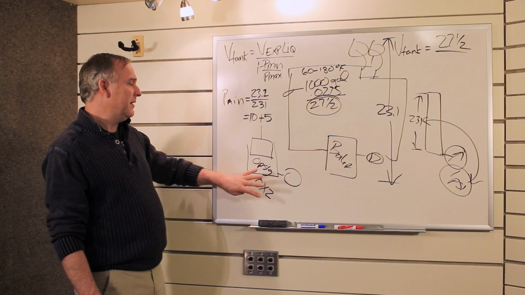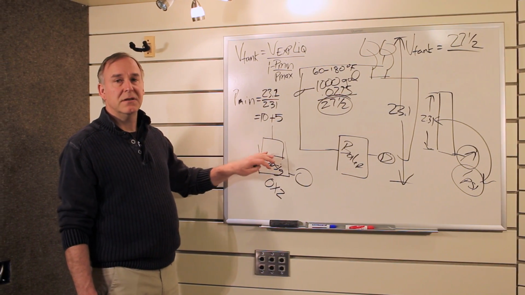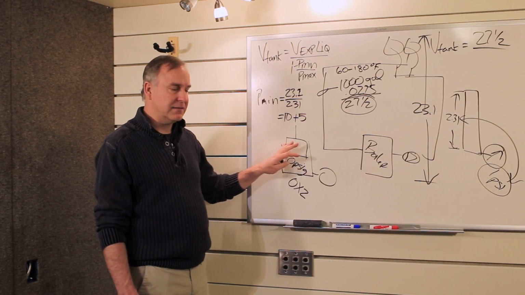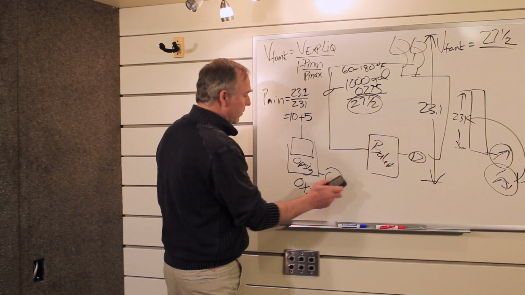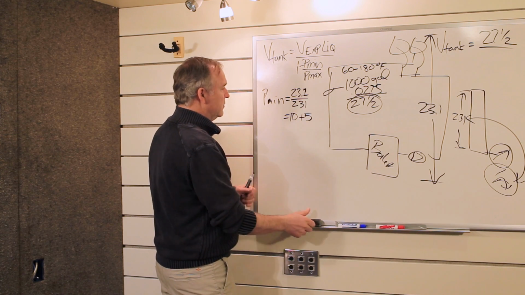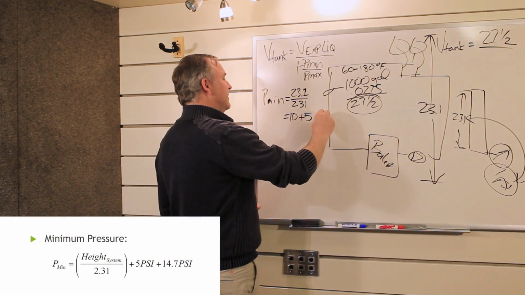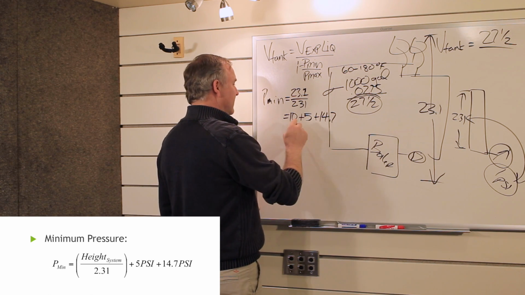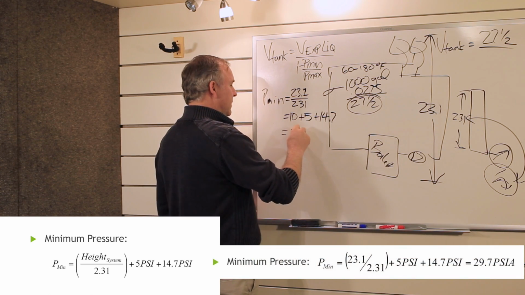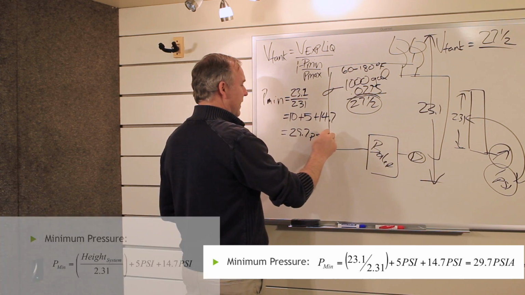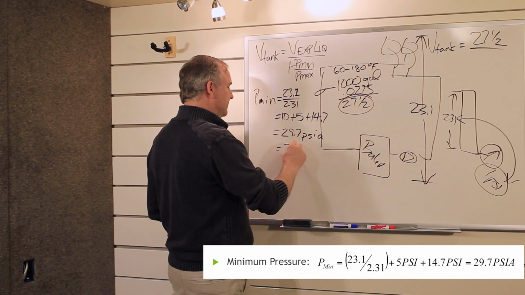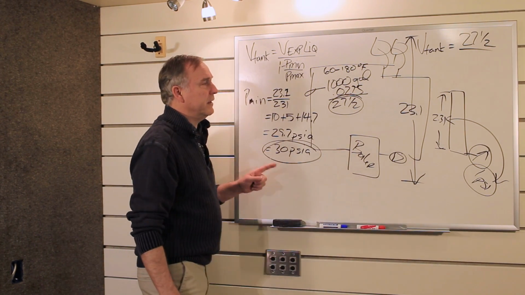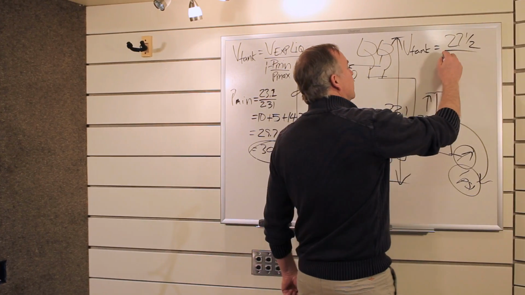So you can see with gauge pressures, the relationship for the ideal gas law doesn't work out. The math doesn't work. So that's why I have to correct these pressures to absolute. So that means at sea level I would add 14.7 psi A to that, and now I'm going to get 29.7 psi A. I'm going to round that to 30, and that is my P min that I would plug in when I'm doing these formulas by hand.